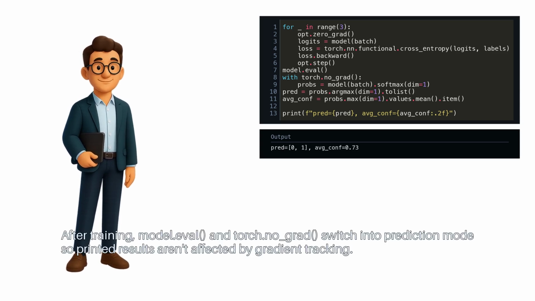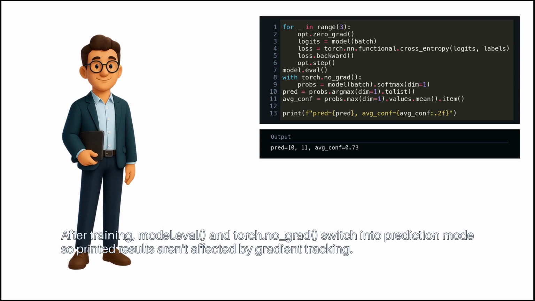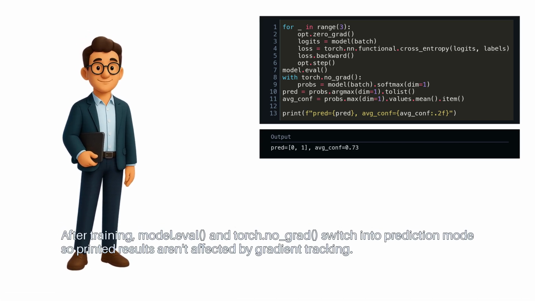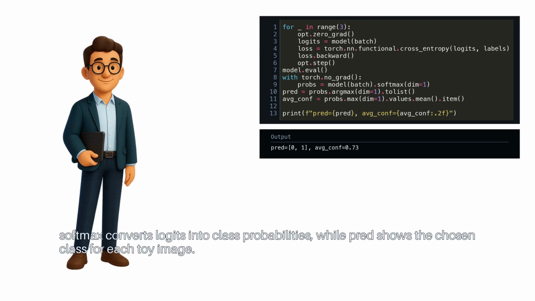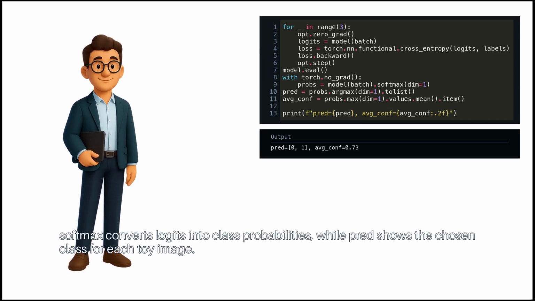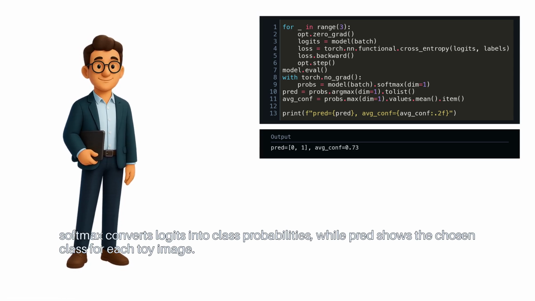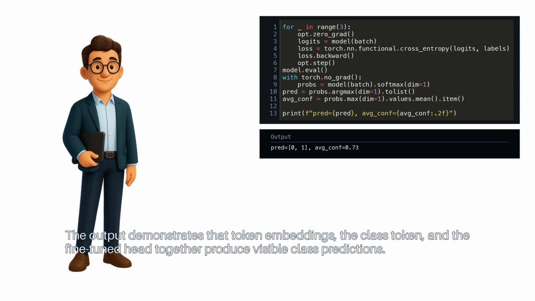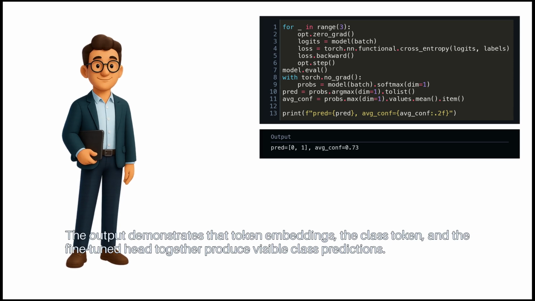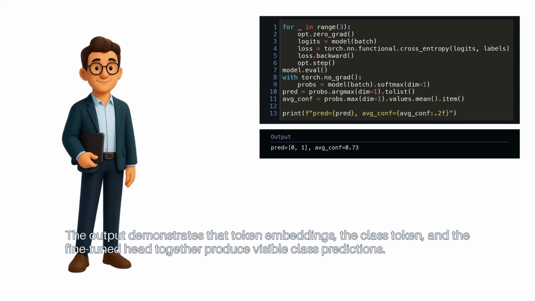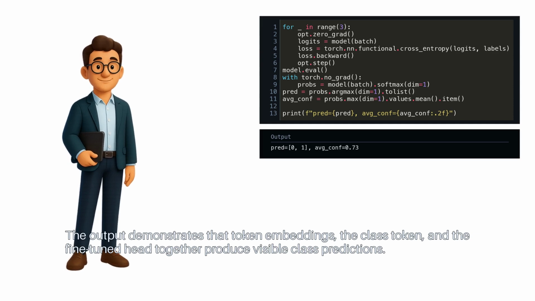After training, model.eval and torch.no_grad switch into prediction mode, so printed results aren't affected by gradient tracking. Softmax converts logits into class probabilities, while pred shows the chosen class for each toy image. The output demonstrates that token embeddings, the class token, and the fine-tuned head together produce visible class predictions.